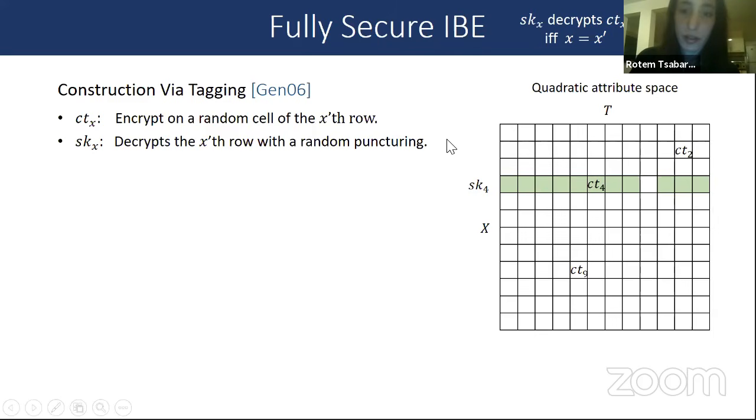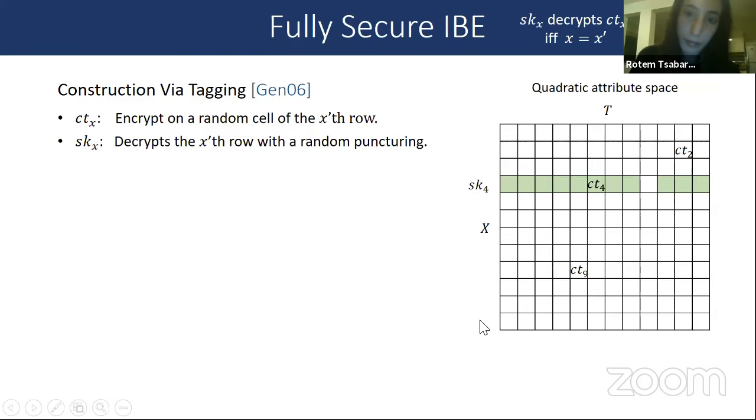I want to start from an ABE scheme that is selectively secure. So this quadratic space would be the attribute space of the selectively secure scheme. And I want to construct a scheme that is adaptively secure. And in the adaptively secure scheme, the attribute space will be only rows.